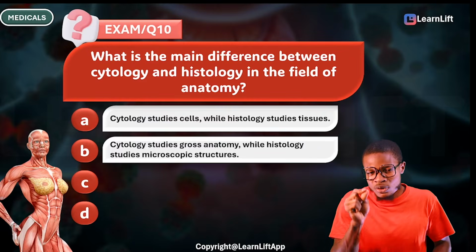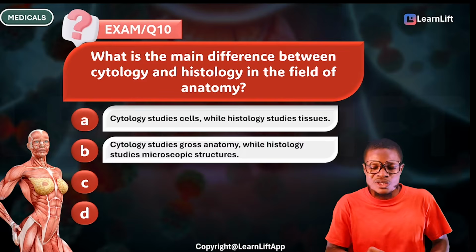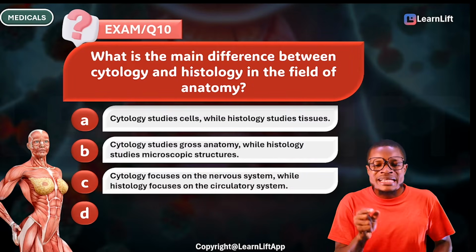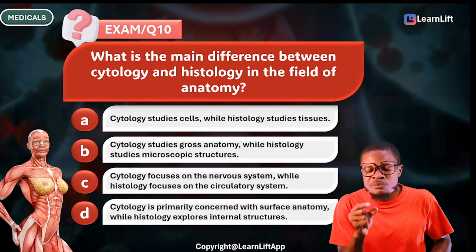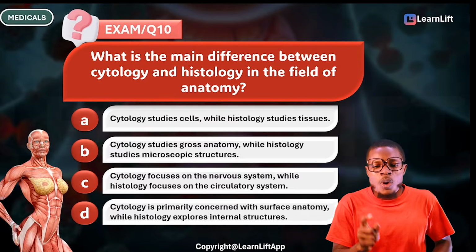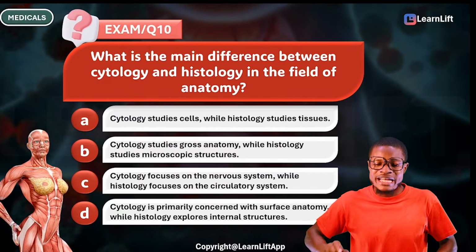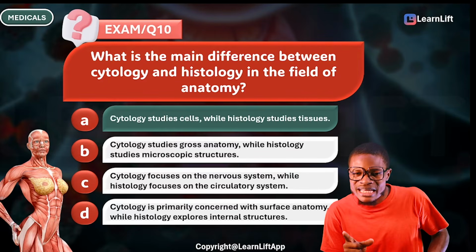Histology aspect there is correct, but both cytology and histology are under microscopic structures. Now C says cytology focuses on the nervous system, while histology focuses on circulatory system. No, that's not true. D says cytology is primarily concerned with surface anatomy, while histology explores internal structures. No. What's the correct answer to this question? Of course, cytology studies cell, histology studies tissues. That is option A, the correct answer.